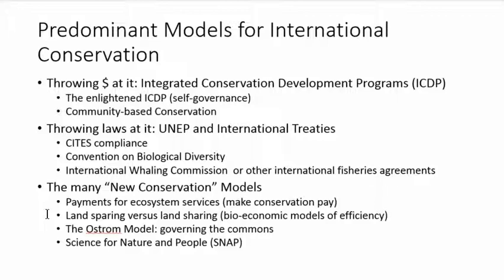And there's a whole new organization called Science for Nature and People, which is what NCEAS in Santa Barbara is morphing into through support from some big donors, the Nature Conservancy and other organizations.